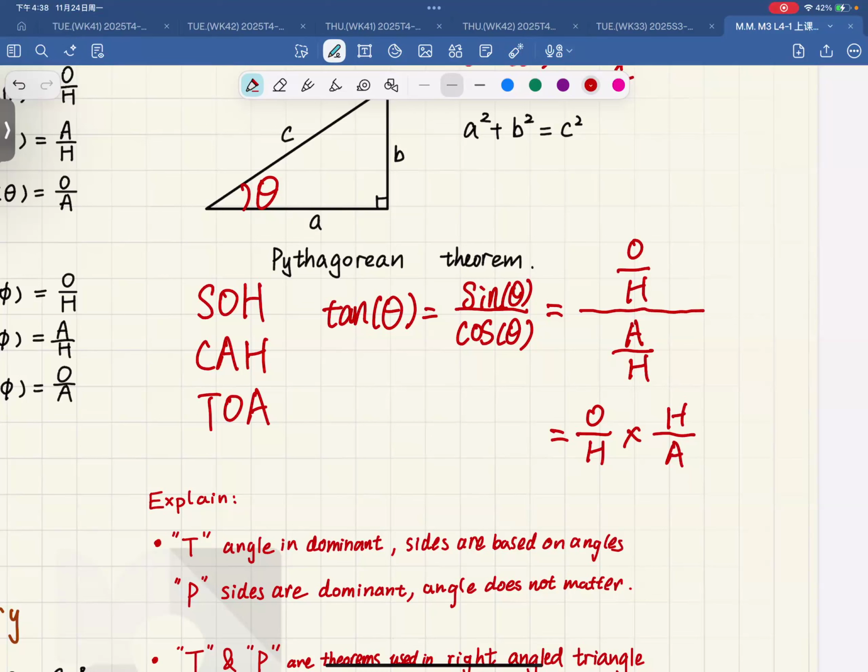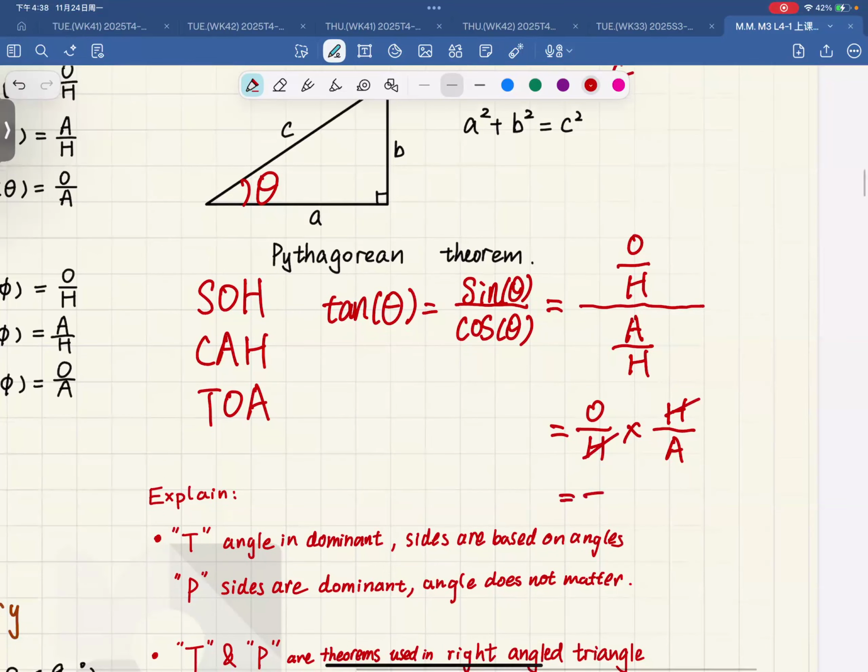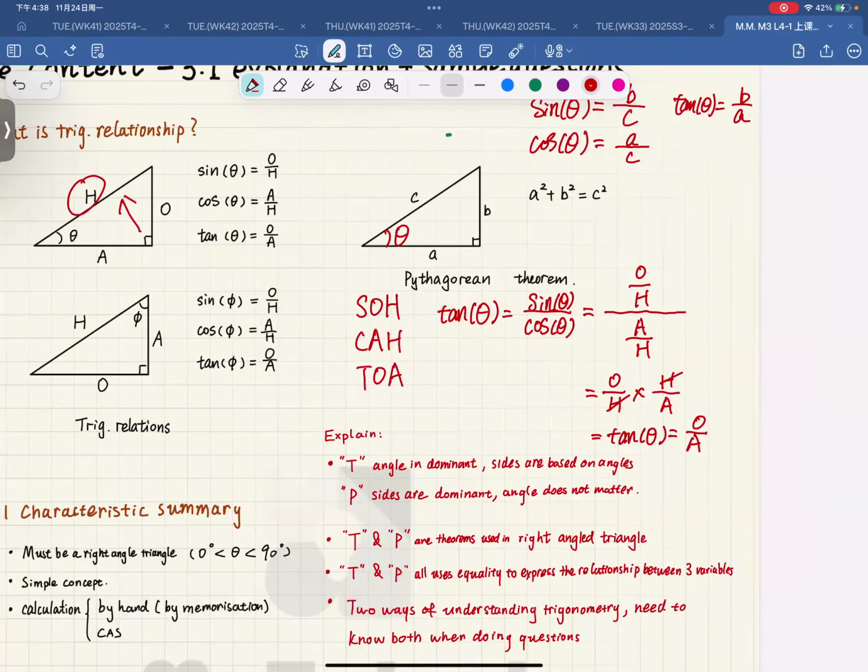Does it make sense? Then we cancel the H. So tangent theta is equal to O on A. That's how we get tangent theta. Any questions? Sean, you good? Okay, cool. Let's move on.